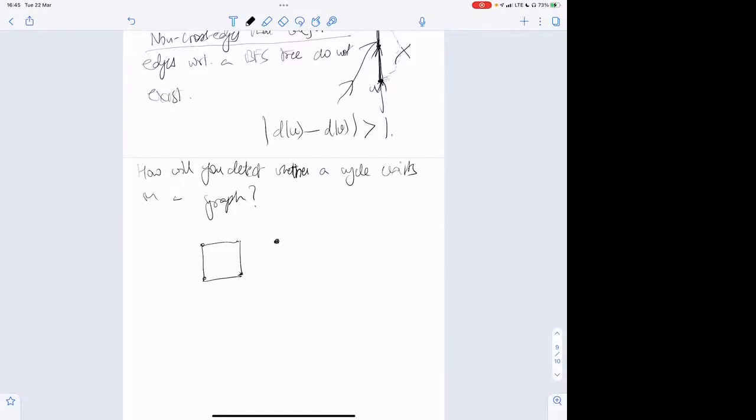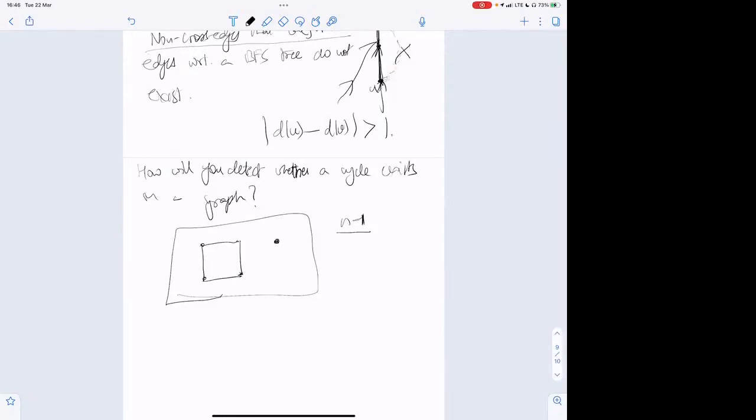Yes, sir. No, but if it has at least 5 edges, then it will have a cycle. No. You said there are n-1 edges. If it has n edges, it has a cycle. Correct? That is true. But this graph does not have n edges. It has n-1 edges and yet has a cycle. Oh, yes. So your thing was sufficient, but it's not necessary and sufficient. Correct? Yes.